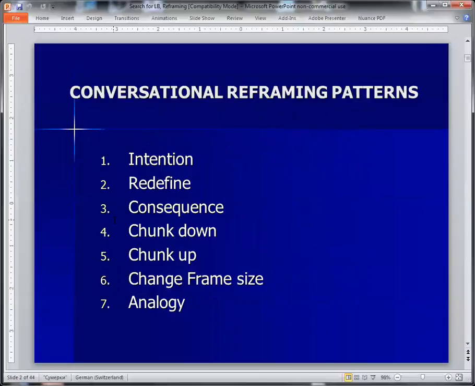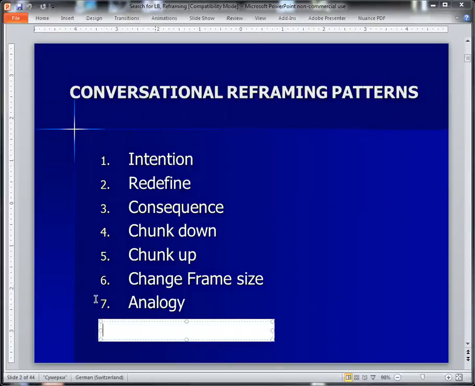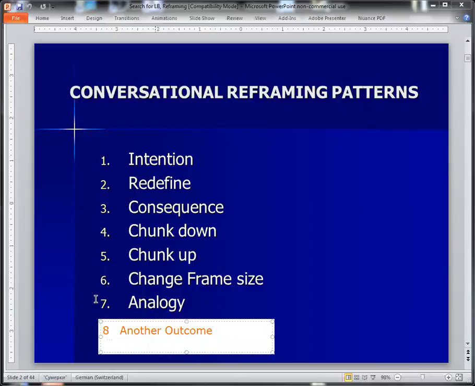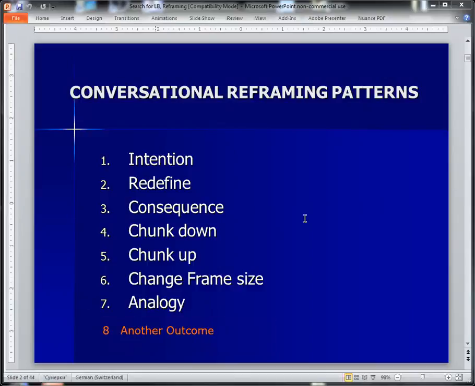So what I would like you to do is, it's pretty much that one plus number 8. Let me see if I can type here. I never tried to use, let's say number 8, which is just another outcome. Yeah, that's the one. So now we have 8 patterns and it's just in front of you.